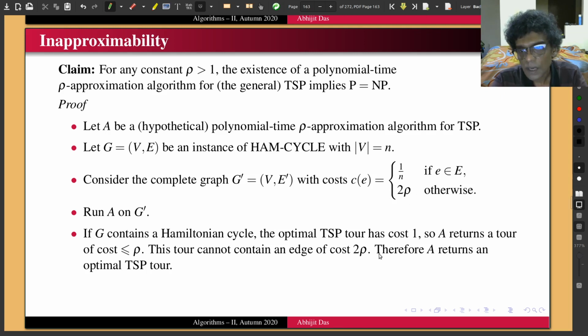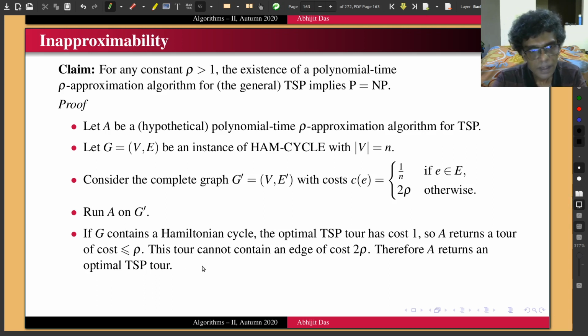So in particular, this implies that A will return an optimal TSP tour, because any Hamiltonian cycle whose cost is less than or equal to rho must be a Hamiltonian cycle whose cost is 1. Okay, because if you involve any edge of cost 2 rho, it will become too big. So in this case, A will actually return an optimal TSP tour whose cost is 1.